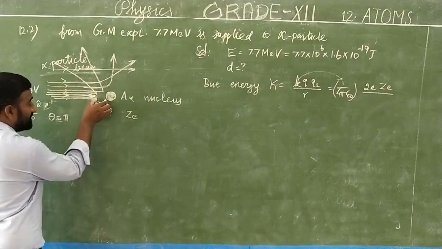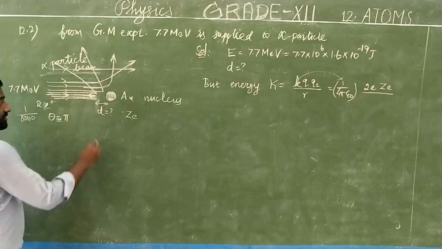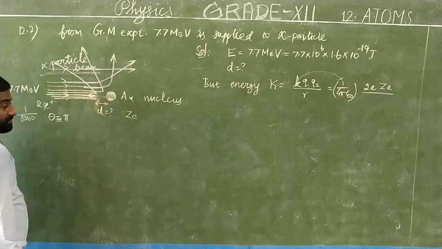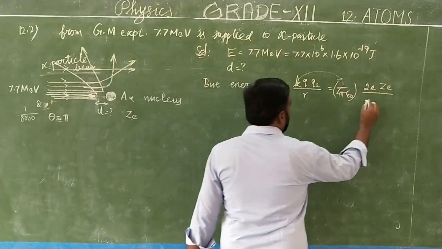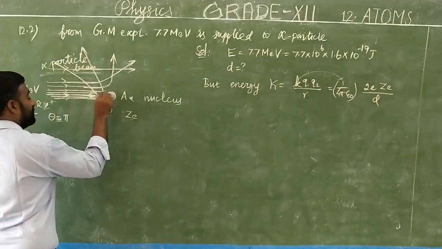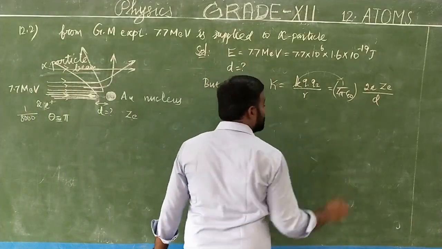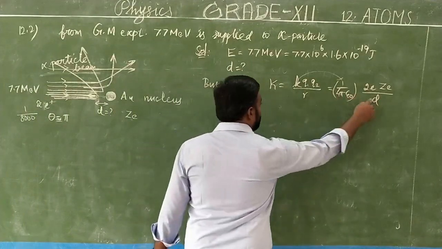What is the distance? The distance of closest approach is what we are going to determine. How much distance is left for an alpha particle without touching the surface of the gold nucleus? That is the distance R, which means the distance from the center of the alpha particle to the center of the gold nucleus. This distance is called the distance of closest approach. So we can modify the formula.